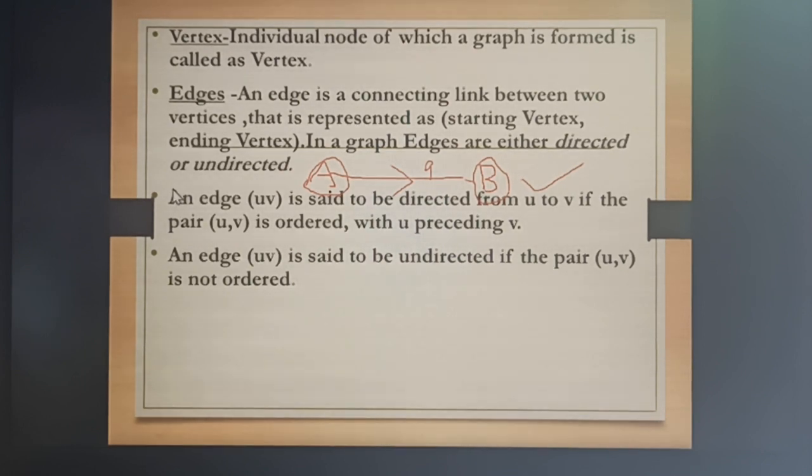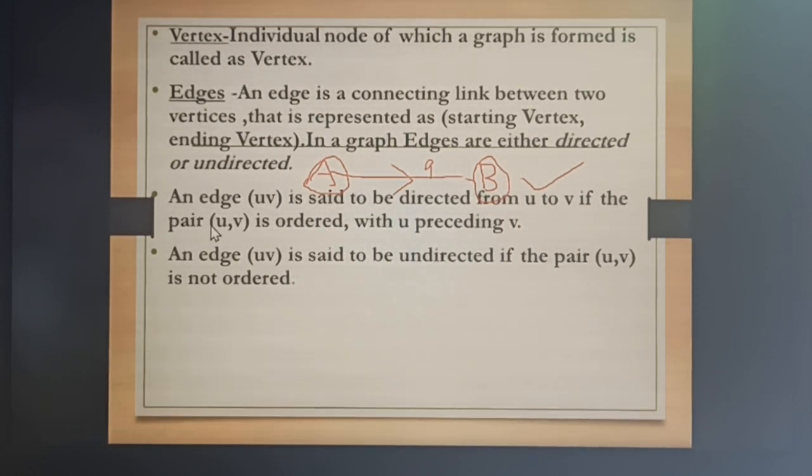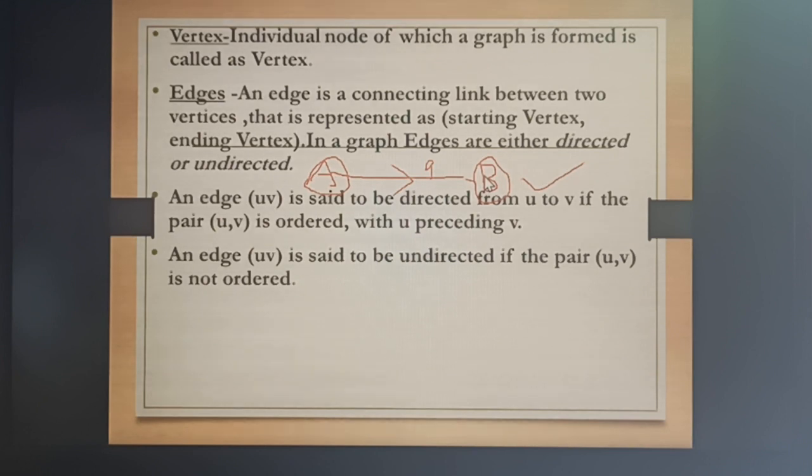So there are various types. According to the definition, an edge UV is said to be directed from U to V if the pair U and V is ordered with U preceding V, meaning A must be preceding B. So there is one direction from A to B, then that is a directed edge.